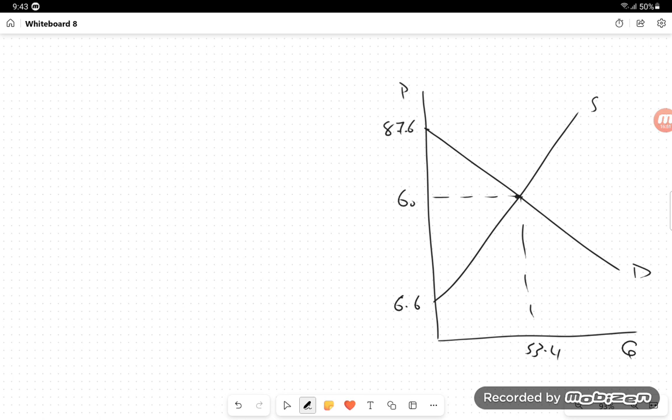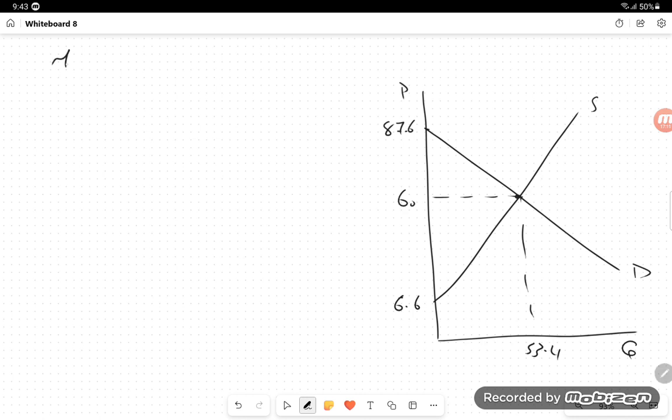Producer surplus will be achieved as the difference between the actual price and the preferred price by the producer.